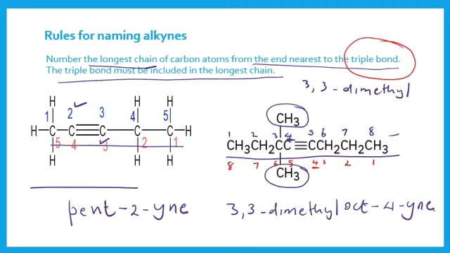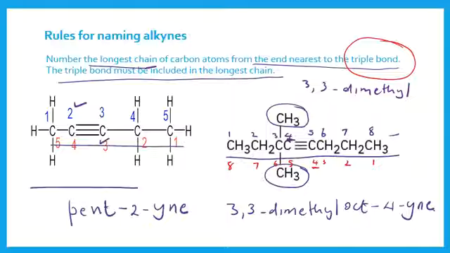Which numbering gives methyl the lowest number? Is it the purple one or the red one? If we look at the purple one, the methyl is going to be on carbon number 3. If you look at the red one, the methyl is going to be on carbon number 6. So we are going to go with the purple one.